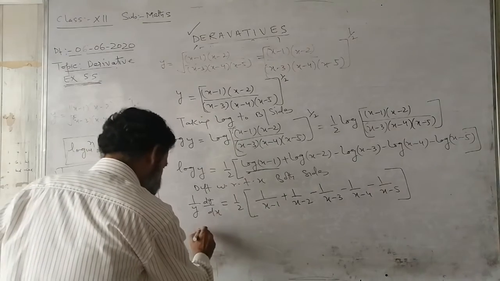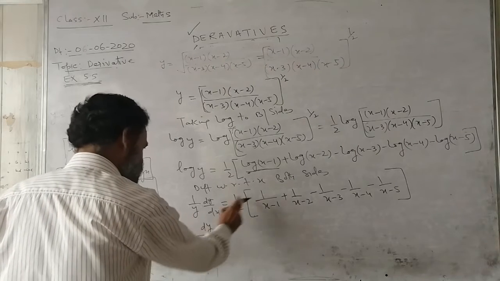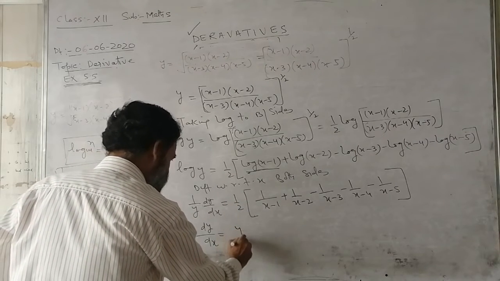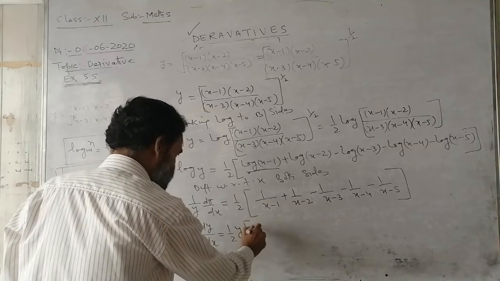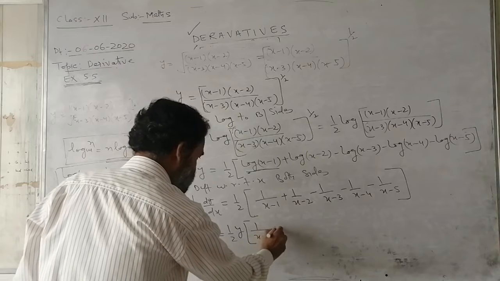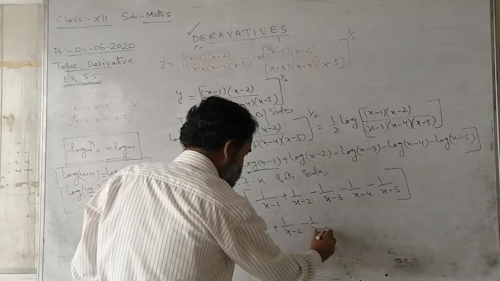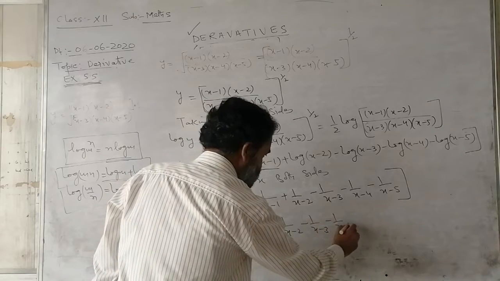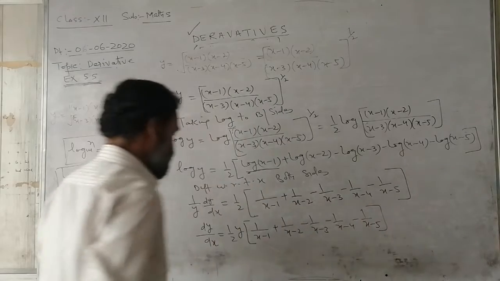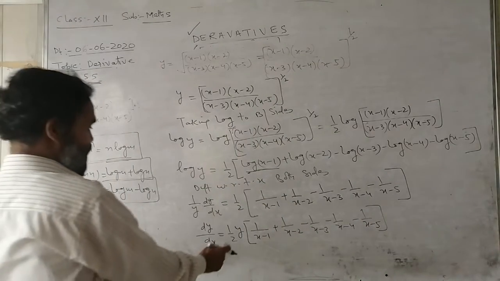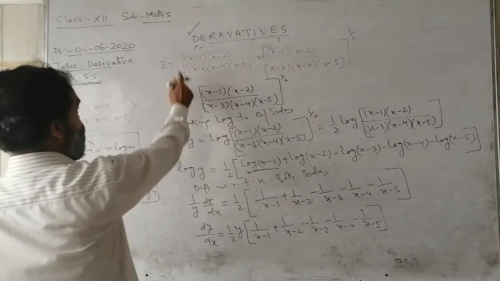So I can write dy upon dx will equal to y times half the same terms: 1 upon x minus 1, 1 upon x minus 2, 1 upon x minus 3, x minus 4 and x minus 5. The value of y can be substituted here.